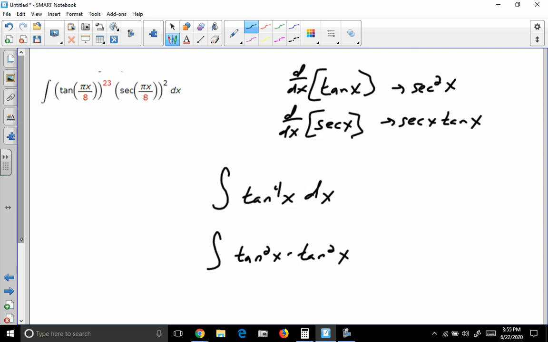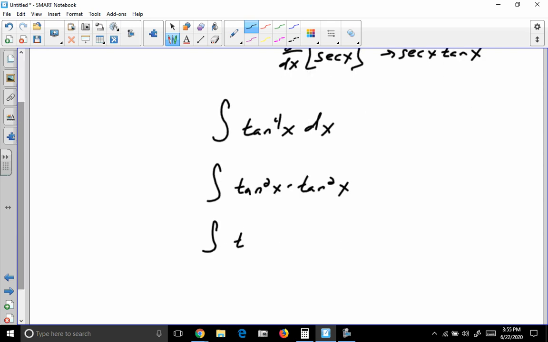We're going to change one of these tangent squareds to secant squared minus 1. And then we're going to multiply that out, see if we need to use any of the other rules.